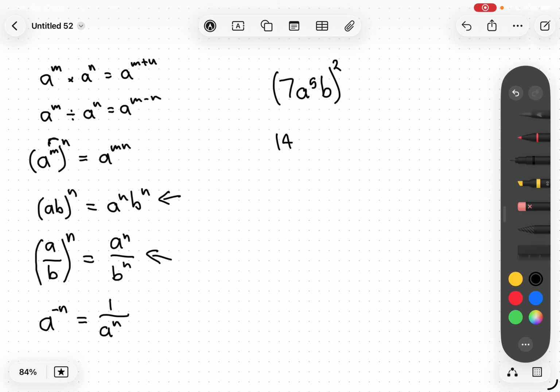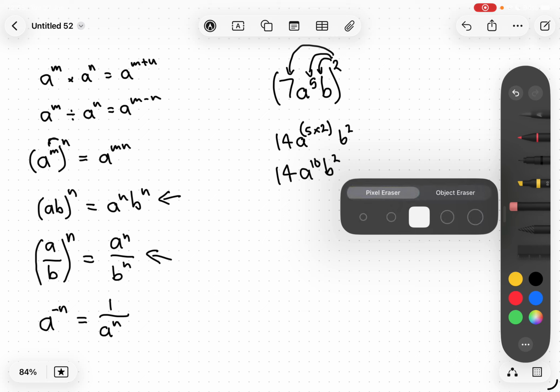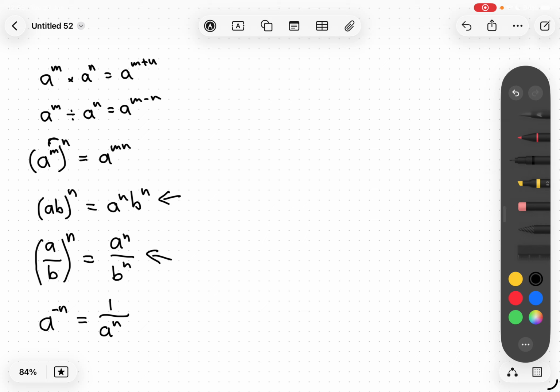That's going to be 14 a to the 5 times 2 b to the 2, because we move this 2 onto all of these algebraic terms or numbers. So we can expand it like this. This will be 14 a to the 10 b squared. Easy.